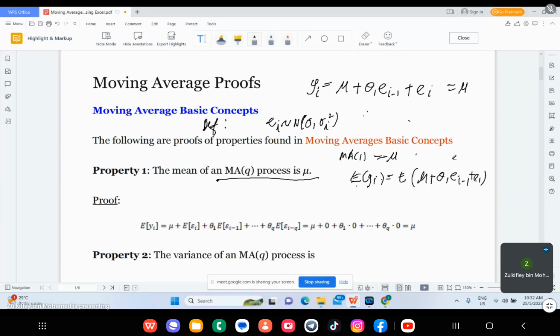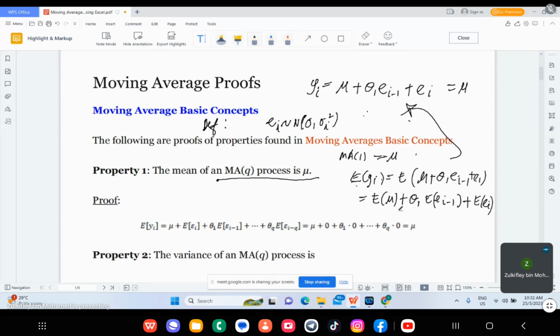We take the top one. So this can be written as expected of mu plus theta 1 expected of epsilon I minus 1 plus expected of epsilon I. Now mu is considered a constant.